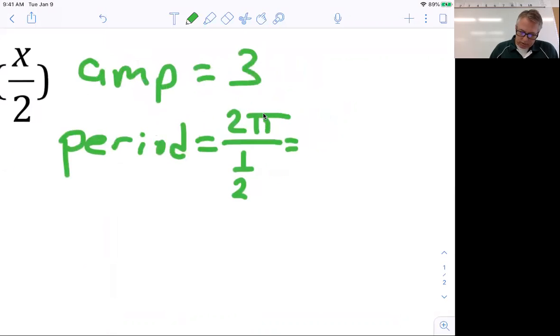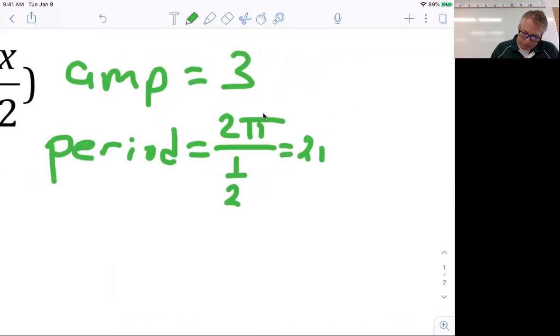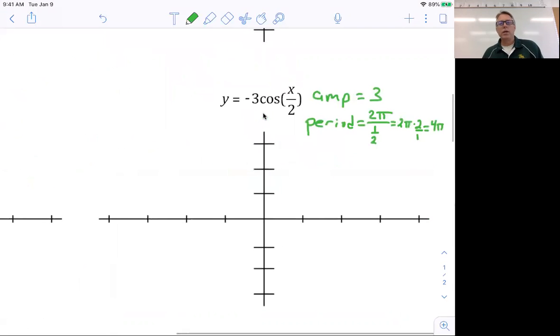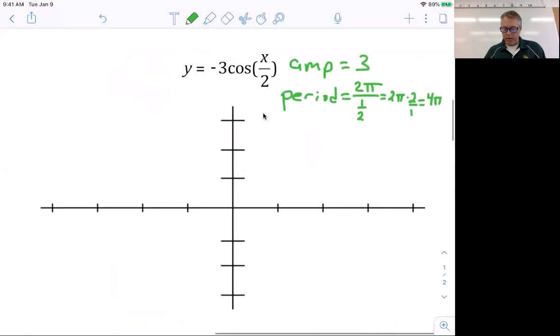So to simplify that, I flip the bottom over, so that's going to be times 2 over 1. Giving us a period of 4 pi. And that always goes on our 4th notch. So that is going to be 4 pi.